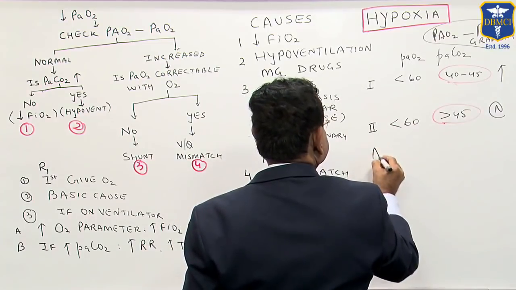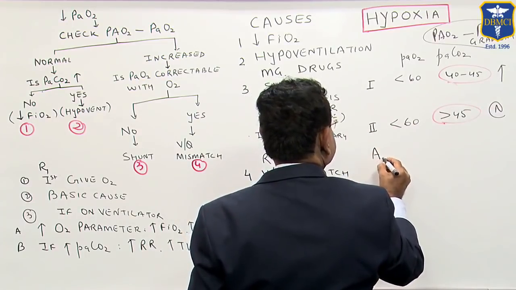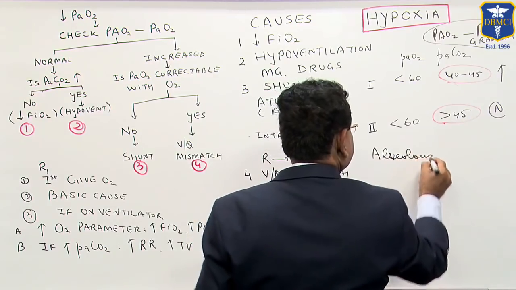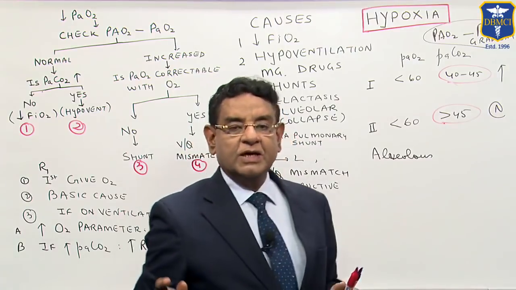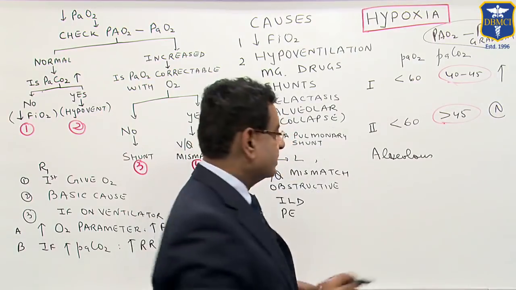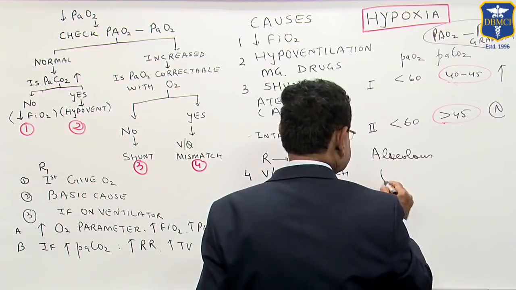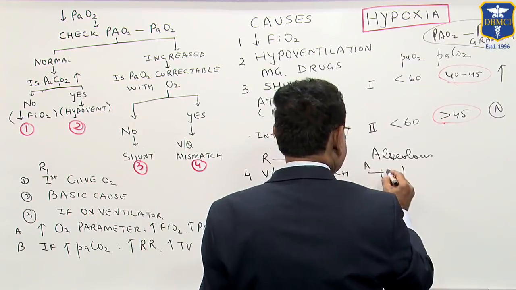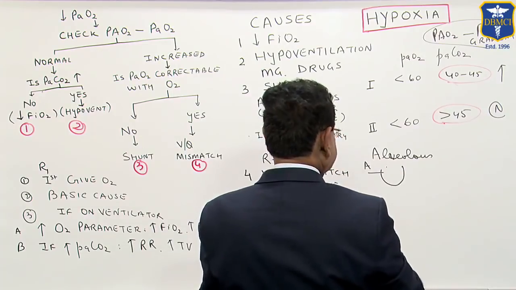A is alveolus, and normal oxygen pressure in the alveolus is, let's say this is the alveolus A, and the pressure here is 100.